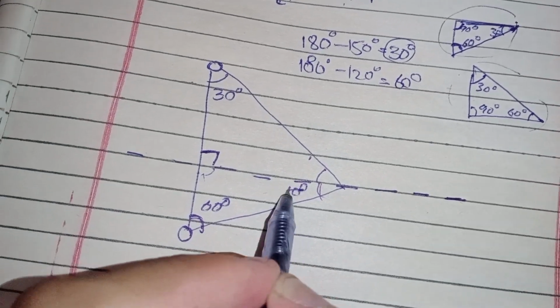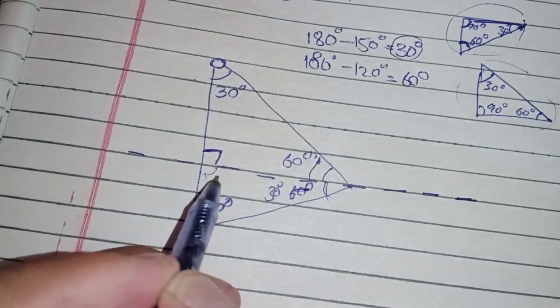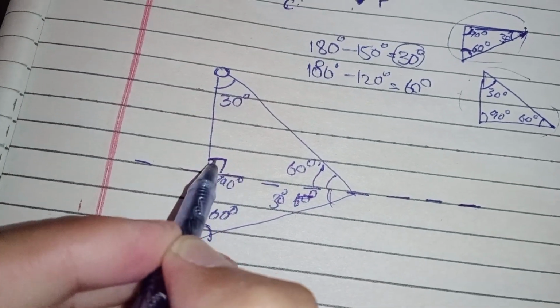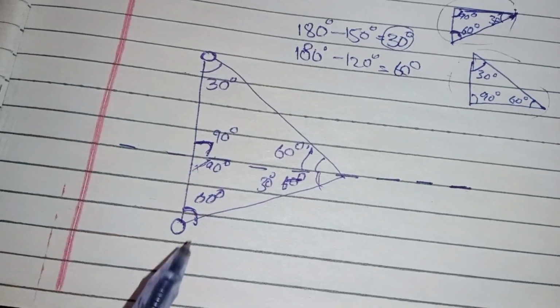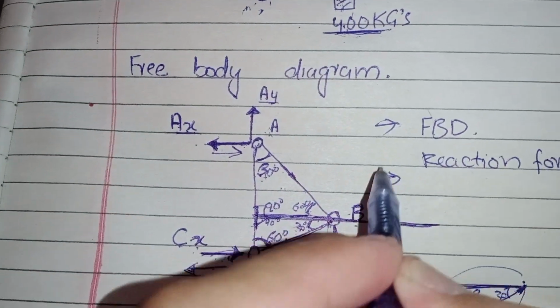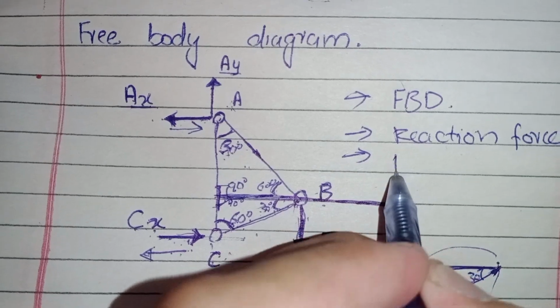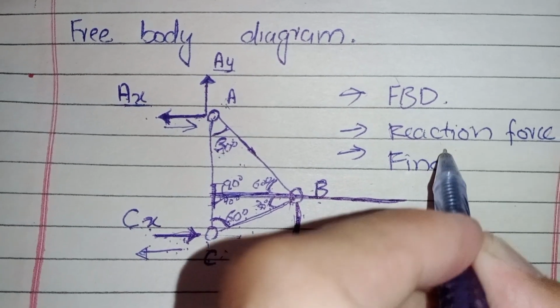Sorry, this is 30°, and this is 60°. That will be 90° because it is perpendicular. The third step is we find the missing angles.